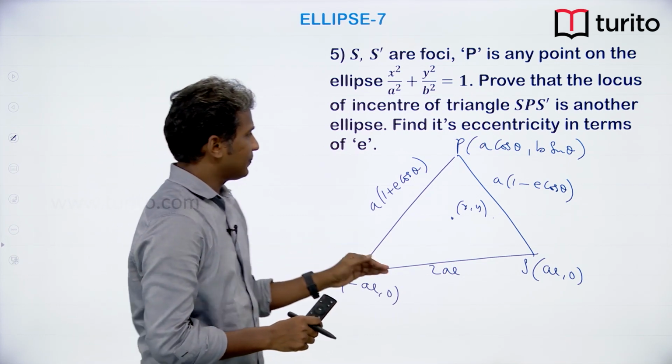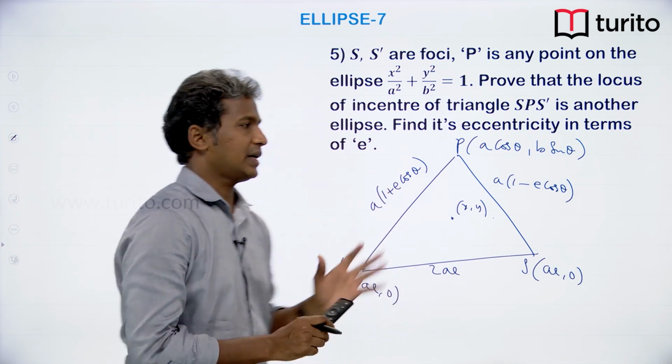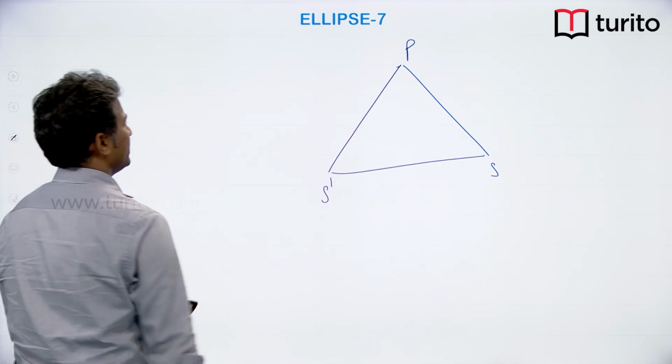So, you know the formula (A x1 plus B x2 plus C x3) by (A plus B plus C), you know that idea. So, let me just apply it here.